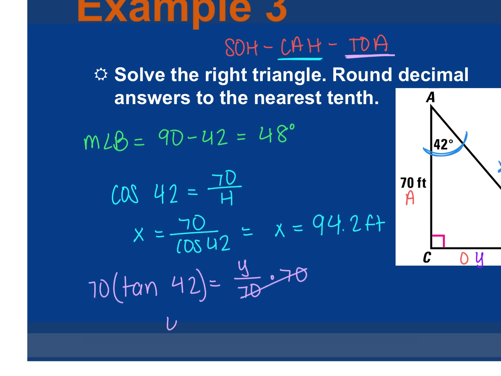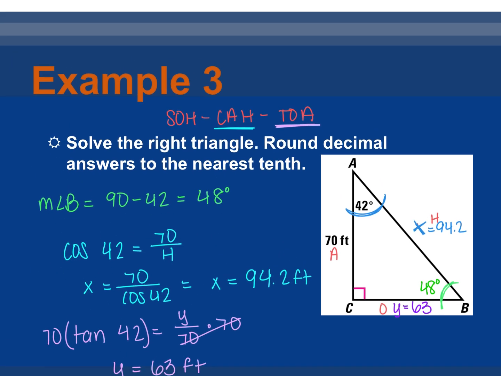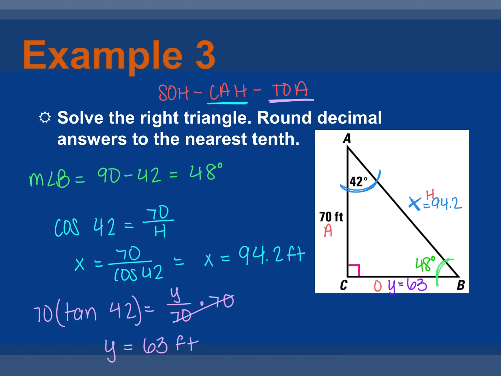I'm then going to get, solving in my calculator, my y is going to equal 63 feet. So y equals 63. Okay, any questions with this one? Again, key thing here is only use what was given. Do not use anything else.